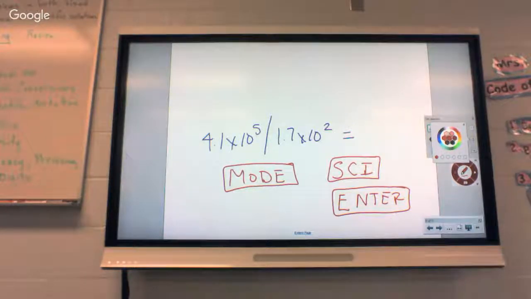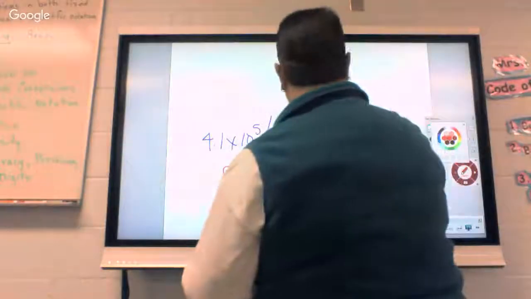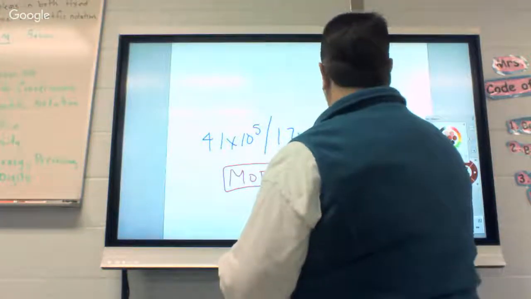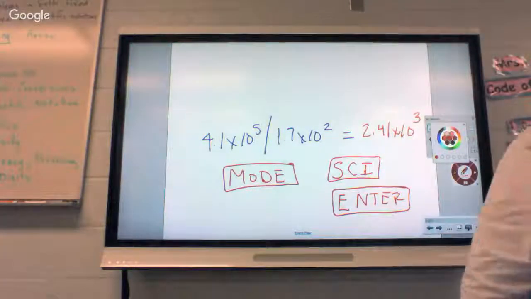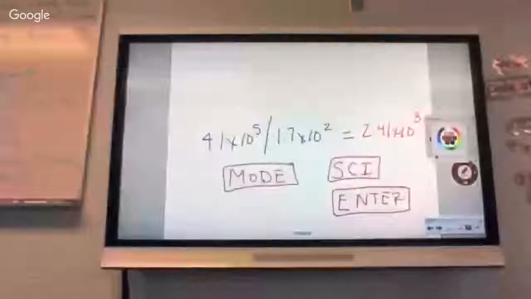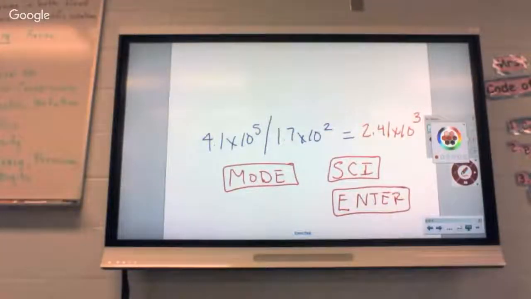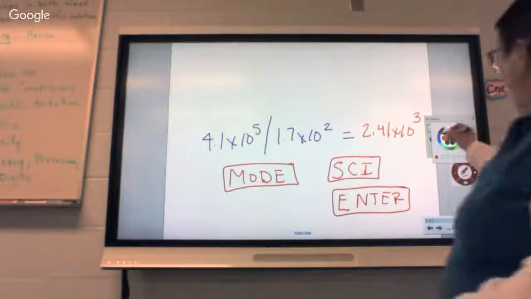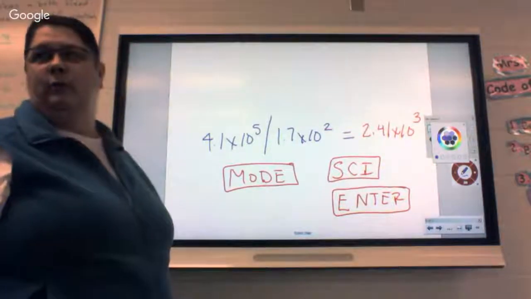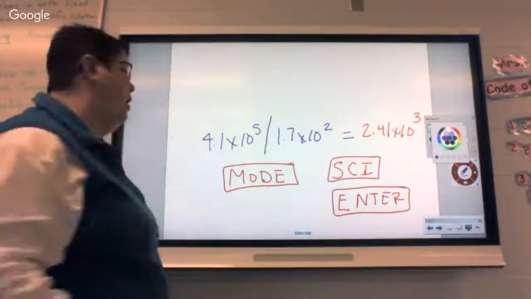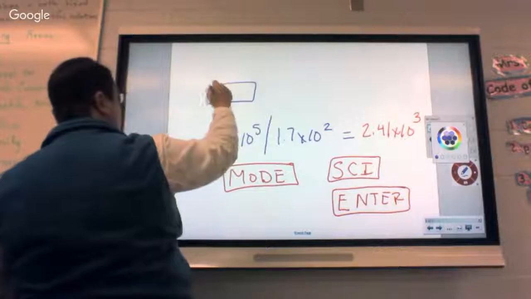Now, did you get scientific notation? Yeah. Now, you get your 2.41 times 10 to the third, and let's say you're working a different question and you need it back in the other notation. If you need it back, go back to mode and then do what?